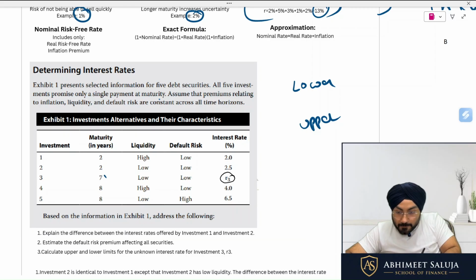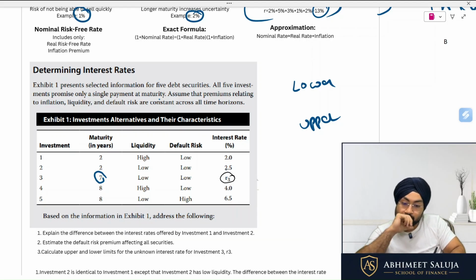Maturity is 7 years, liquidity is low, default risk is low. The second one also has low liquidity and low default risk. Maturity is 2 years in the second instrument, and 7 years in the third.